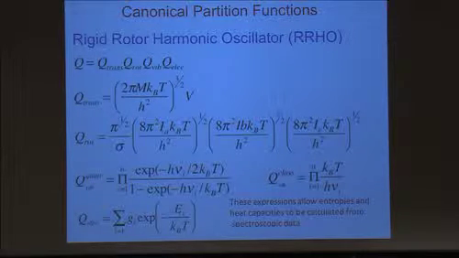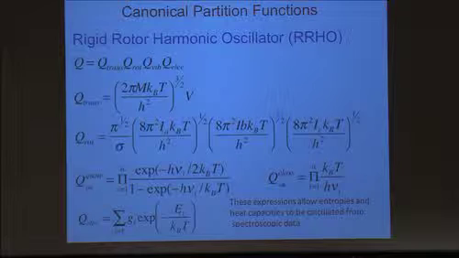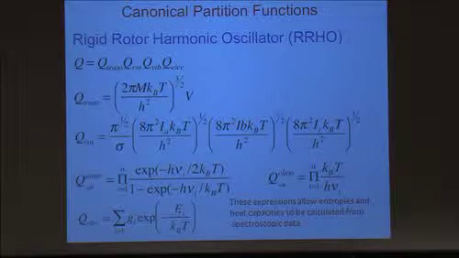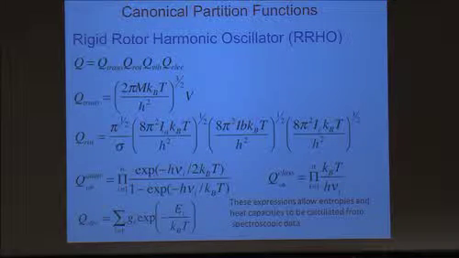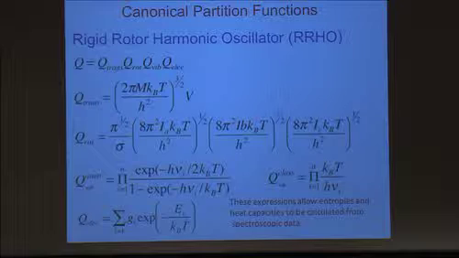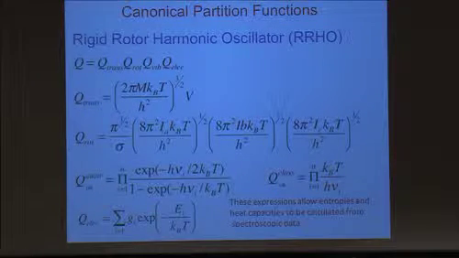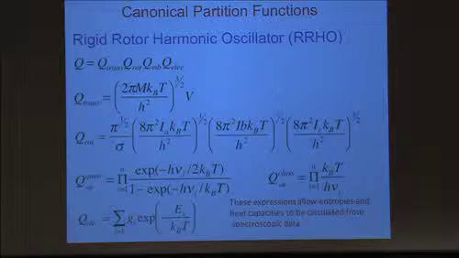And similarly, these vibrational frequencies you get directly from spectroscopy, and the disposition of the different electronic energy levels, we gave OH as an example, again you can get from spectroscopy. So these expressions allow entropies and heat capacities to be calculated accurately from spectroscopic data.